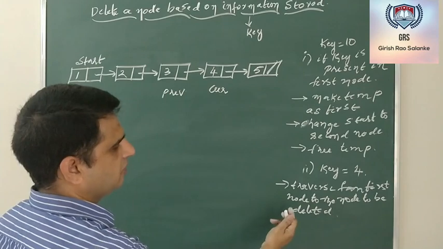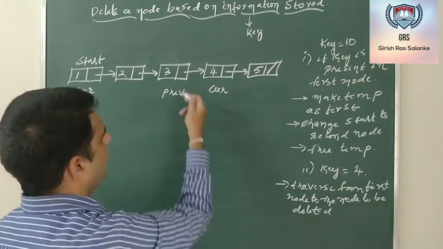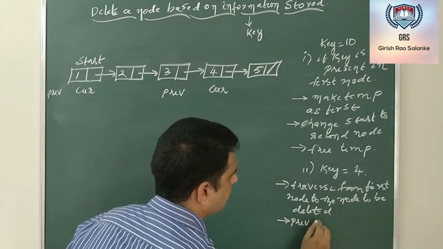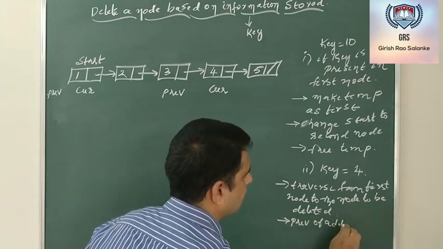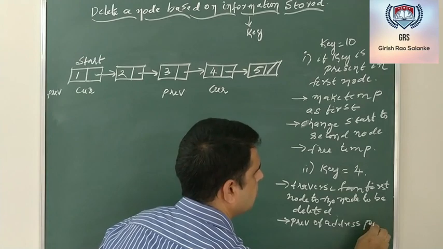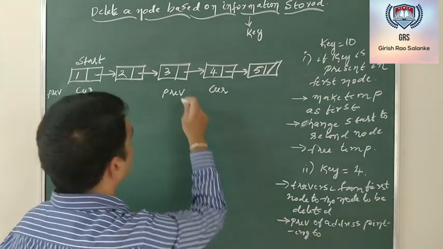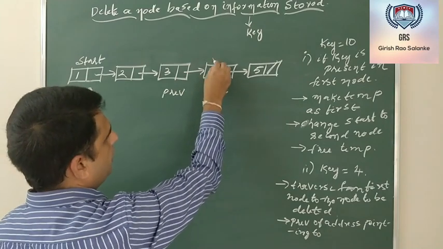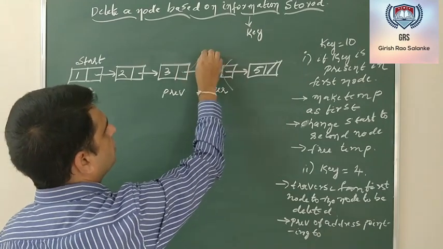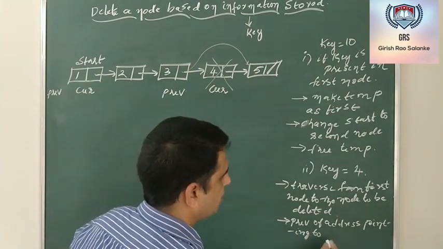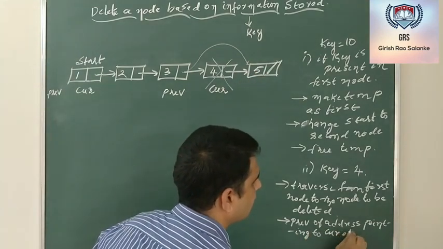Now once I reach the node to be deleted, you can make the previous of address point to this node. This node is nothing but current of address. Previous of address pointing to current of address.